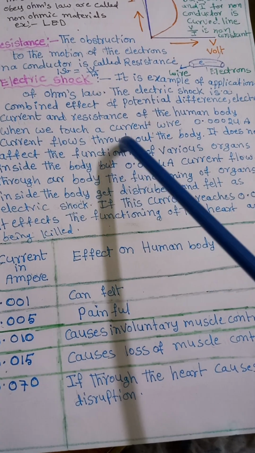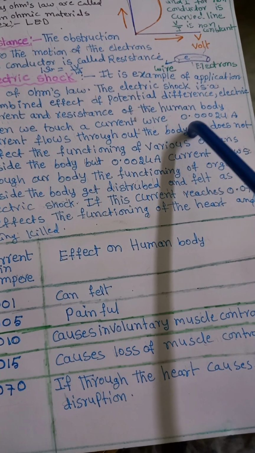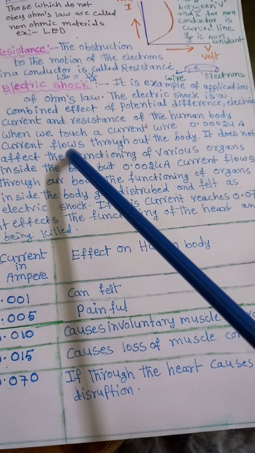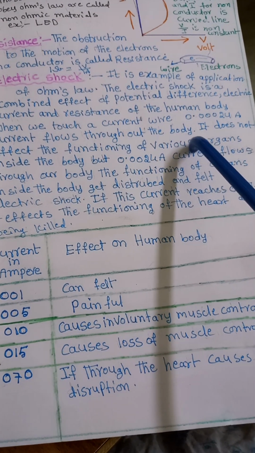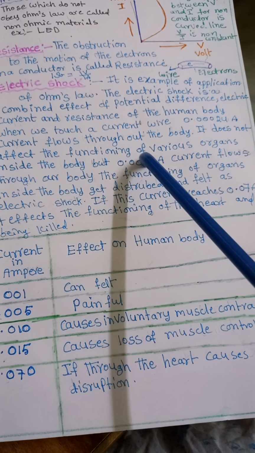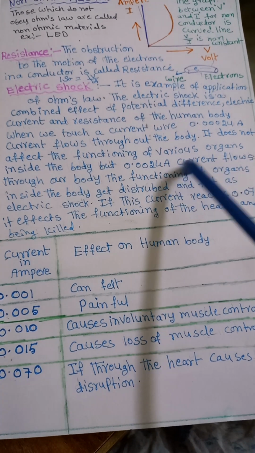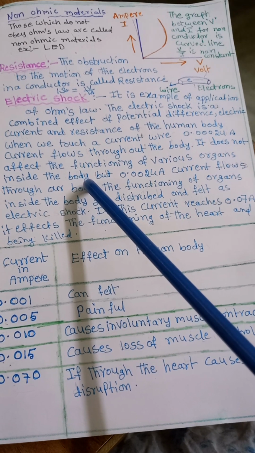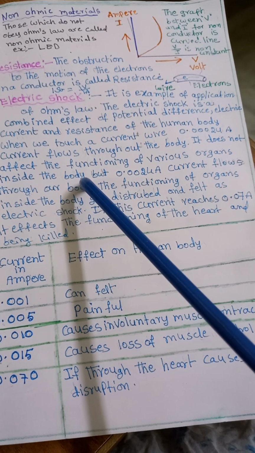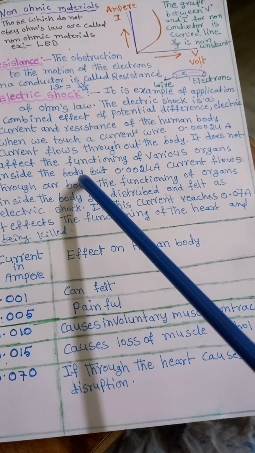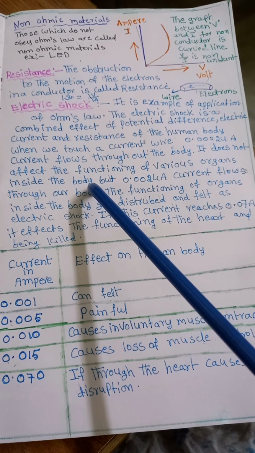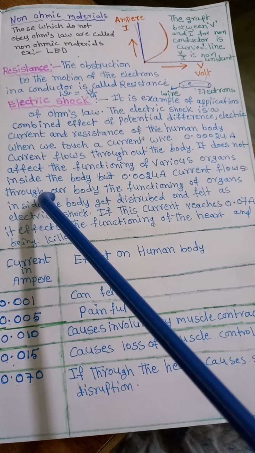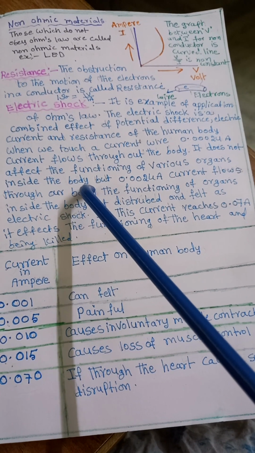When we touch a current wire, 0.00024 amperes of current flows through the body. It does not affect the functioning of the various organs inside the body. So when we touch the current, 0.00024 ampere passes, and the functioning of the organs is not affected.